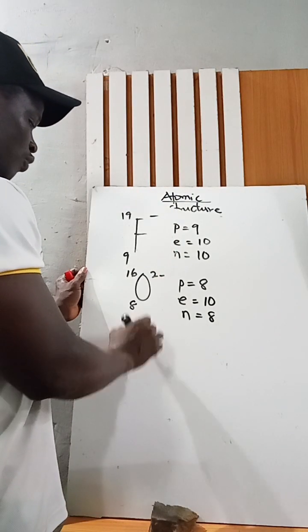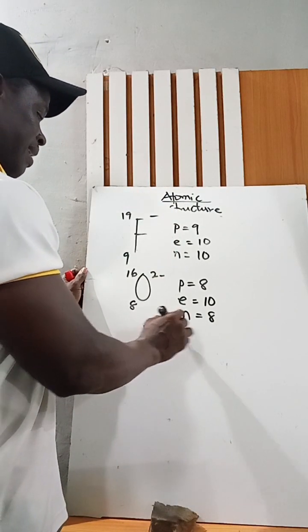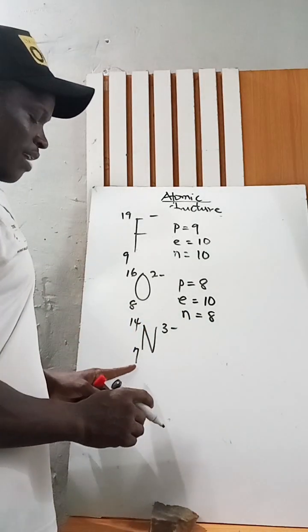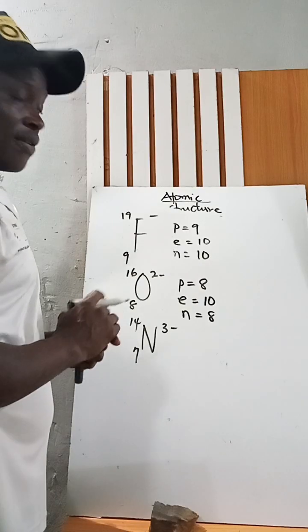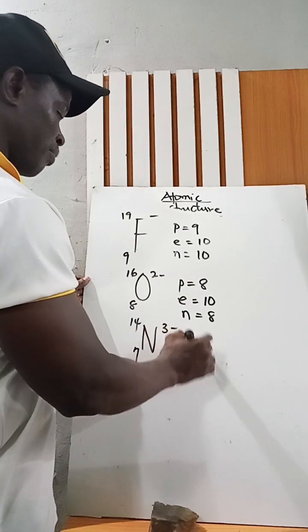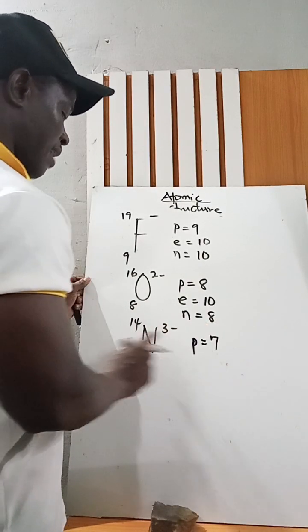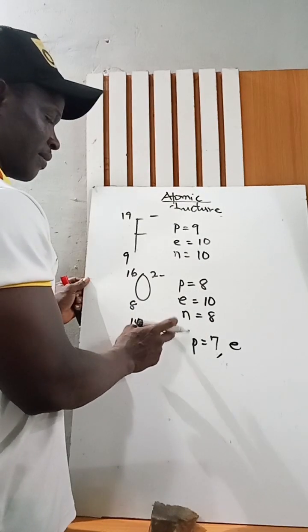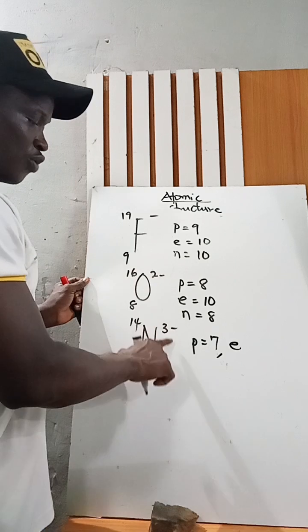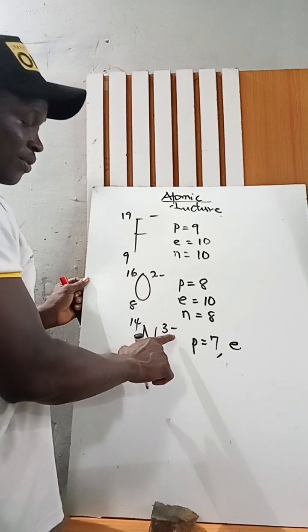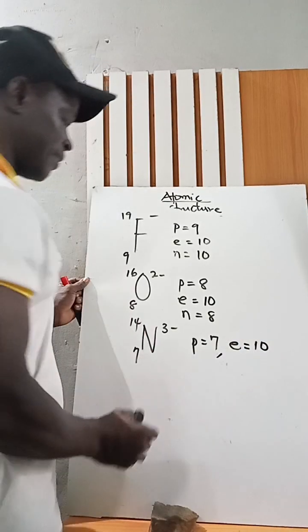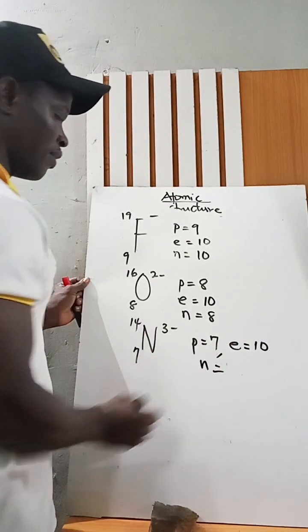All right, let's squeeze in one more. Nitride ion, that's 7 and 14 mass number. Proton does not change, that's 7. Electron is gaining 3 electrons. 3 and 7, add it up, that's 10. Then you have the neutron number.